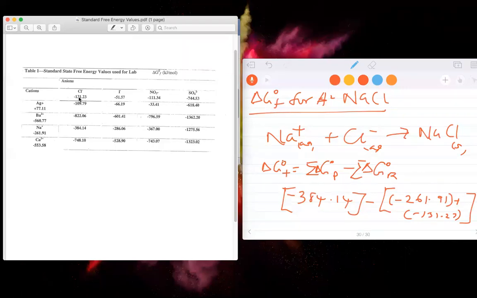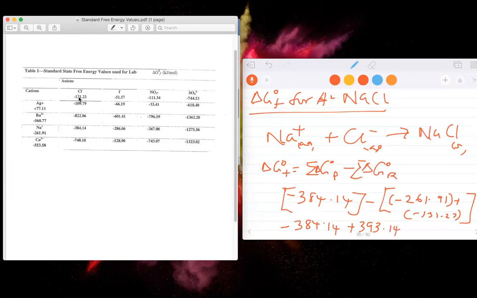261.91 plus 131.23. From what I get, I see it is 393.14. So this will be minus 384.14 plus 393.14.